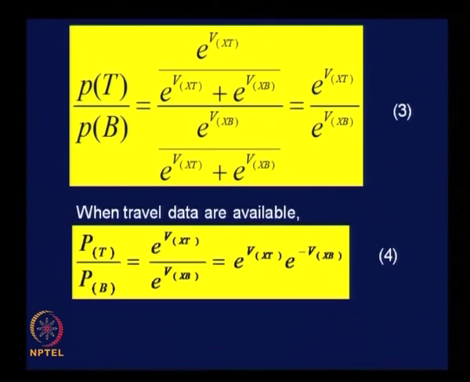And for a situation where we have information about the travel data, or when travel data are available, the condition when travel data is available means what? The values of Pt and Pb are known.